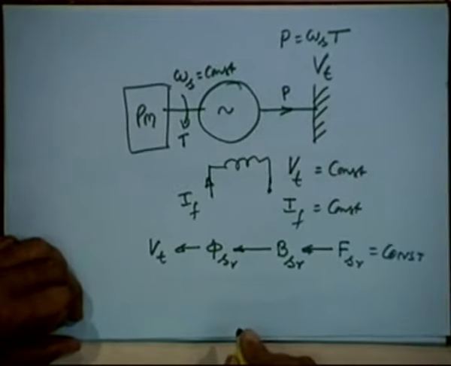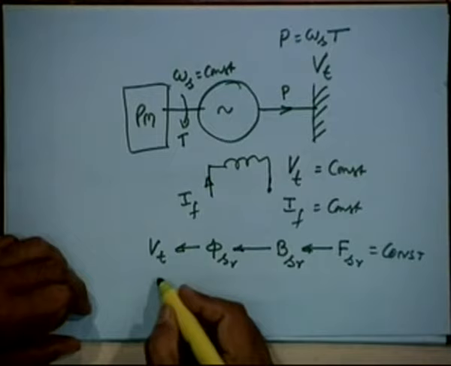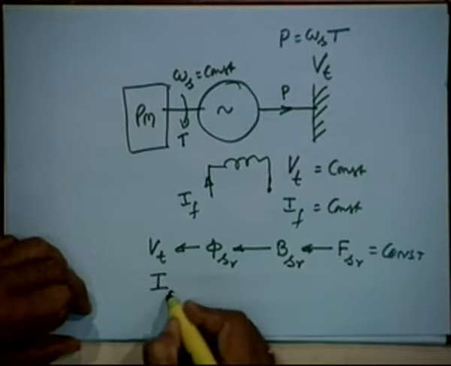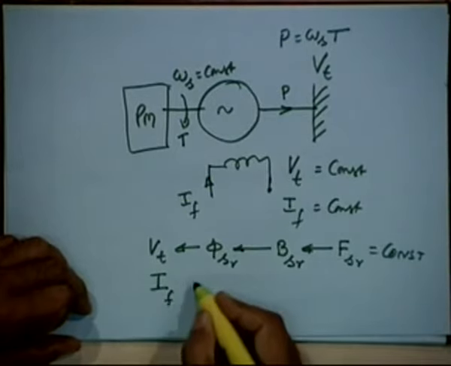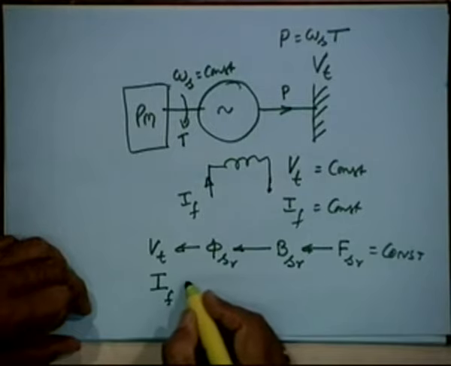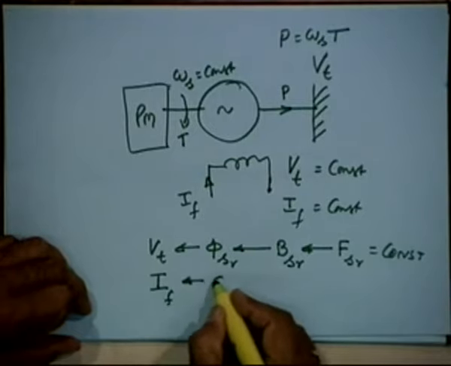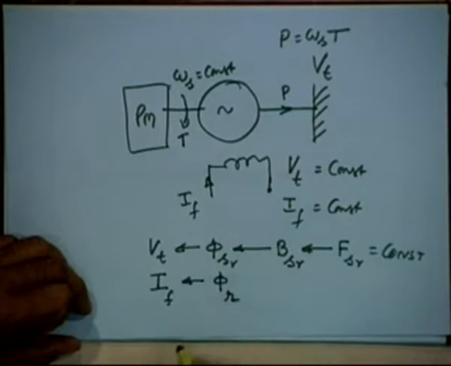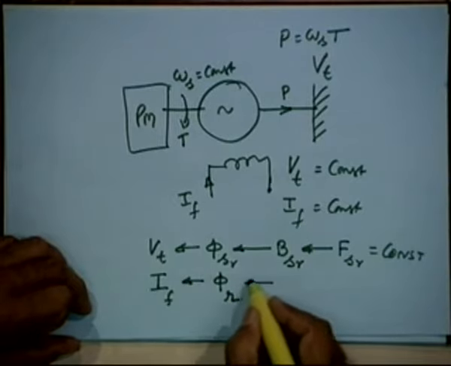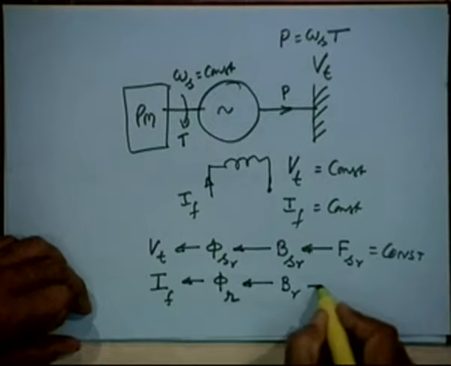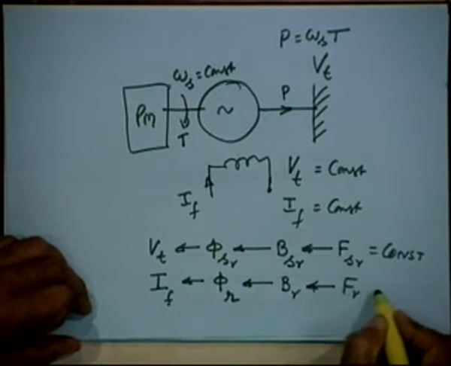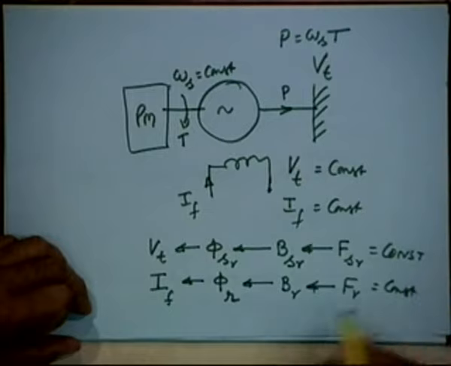Now what you say is fixed, If, is again decided by the rotor flux per pole, that phi R, because the rotor flux per pole is interrelated with If, because If causes this. And this phi R is due to Br, let us say due to Fr, which is constant.